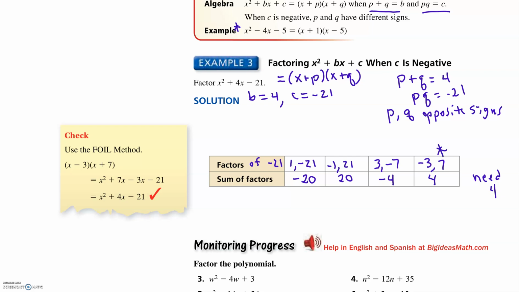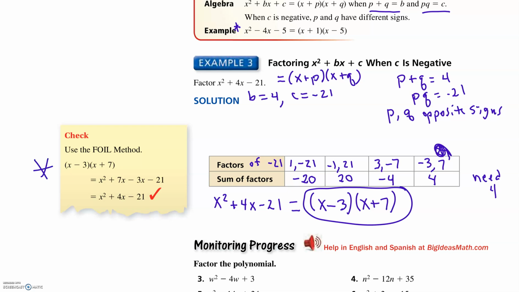That's the one that I want. That one right there. So what that tells us is that our polynomial x squared plus 4x minus 21 will factor as x minus 3, these two numbers right here, and x plus 7. And then you can check that answer. They've done it for us right over here.